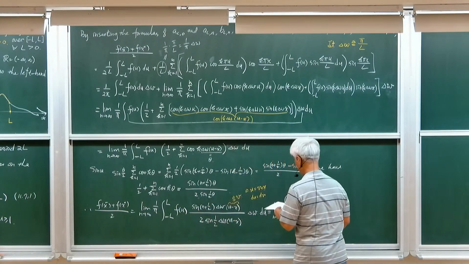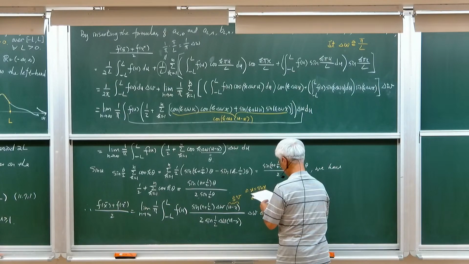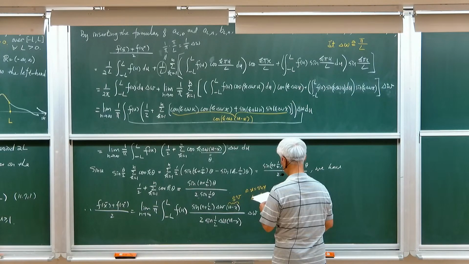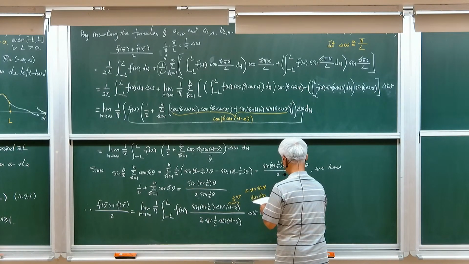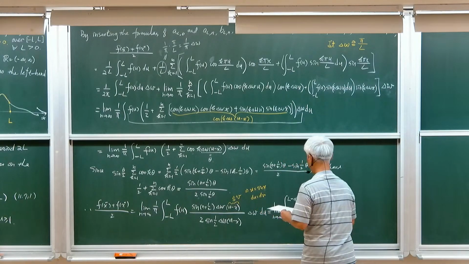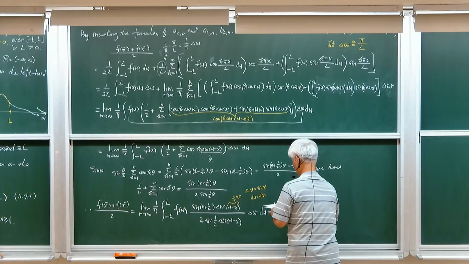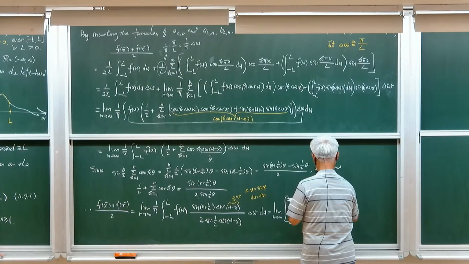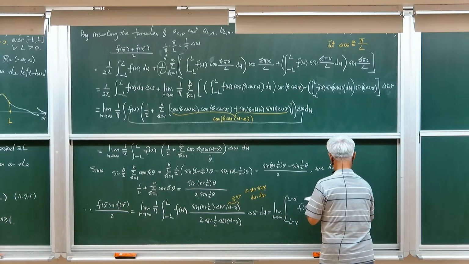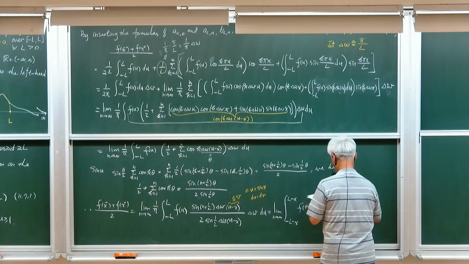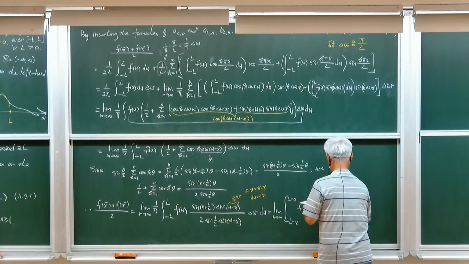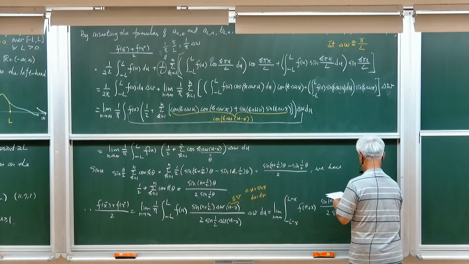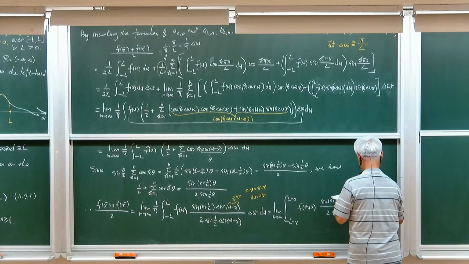Because of the change of variable, the integration limit becomes minus L minus x and L minus x here. And f of v plus x, and the sine n plus 1/2 delta omega times v, over 2 sine half delta omega v here, and delta omega dv.